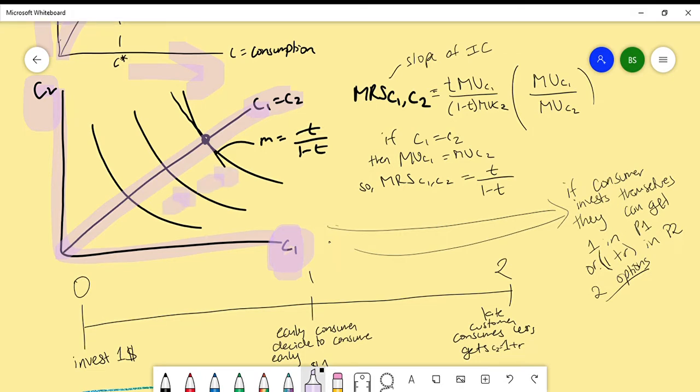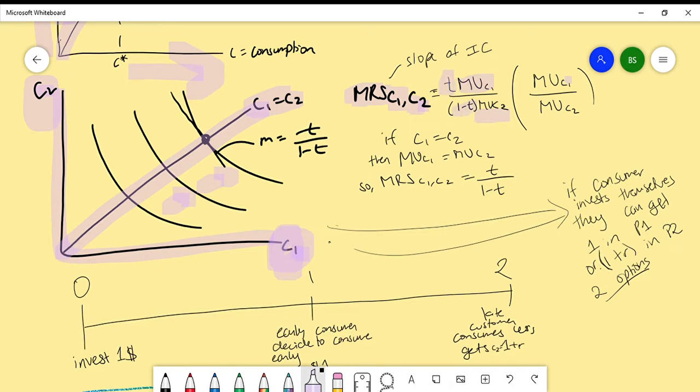The slope of an indifference curve is the marginal rate of substitution of the two goods, which is the marginal utility of good X over the marginal utility of good Y. But in this case, since we have the probability stuff, we have to multiply those marginal utilities by the probability t and probability 1 minus t.